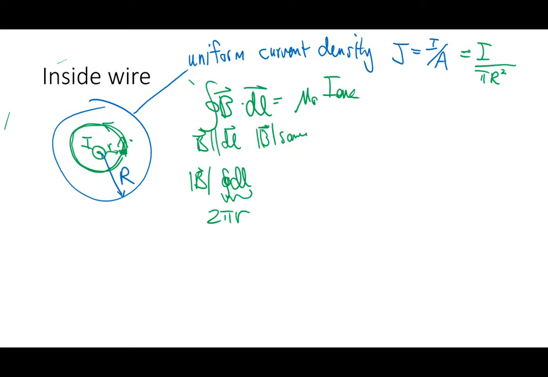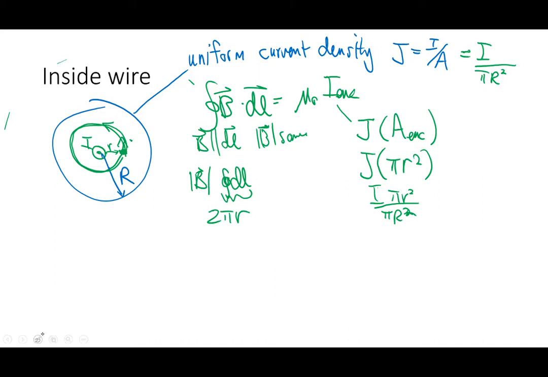The current enclosed, because we're only taking part of the wire, we're not taking the whole wire, is the current density multiplied by the area that's enclosed. So then that's just pi little r squared. So then overall, that's like that with respect to the overall current. We're only taking a fraction of that wire, so a fraction of that current.